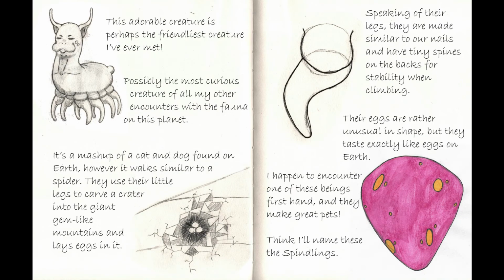Now, moving on to my favourite creature in this series by far, the spindling. Now, this little boy here has legs that are really thick, but has spines so it can climb up the gem mountains. But it also can dig into the gems to make a little hole to lay its eggs. If the spindling sees you in the wild, it will come up to say hi.